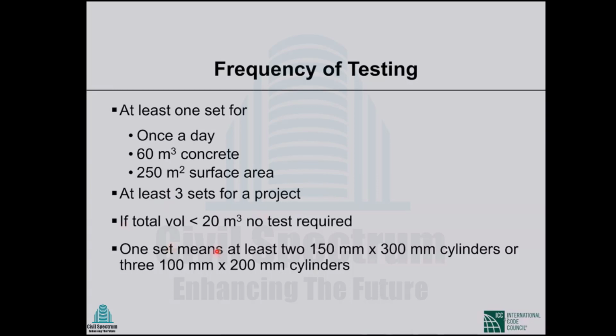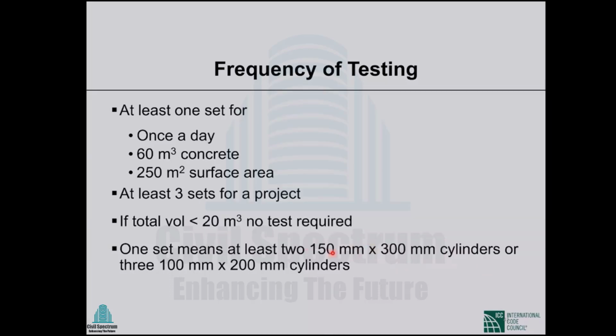And 3 cylinders make 1 set. If total volume is less than 20 meter cube, then no test is required. One set means, in ASTM, three cylinders make one set, but according to ACI, 2 cylinders make one set, depending on the size.